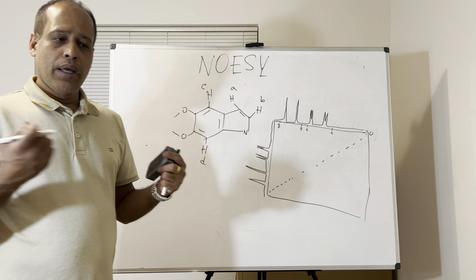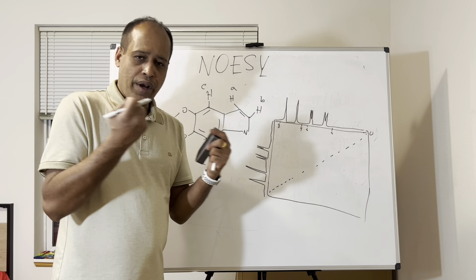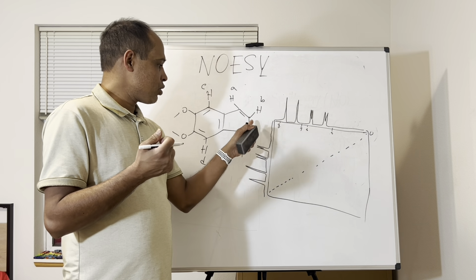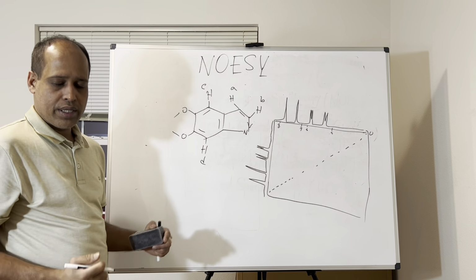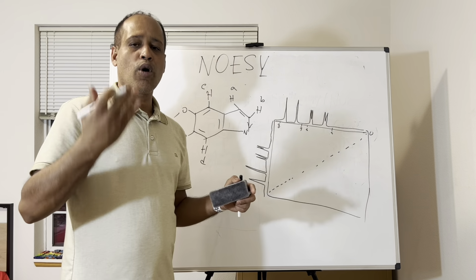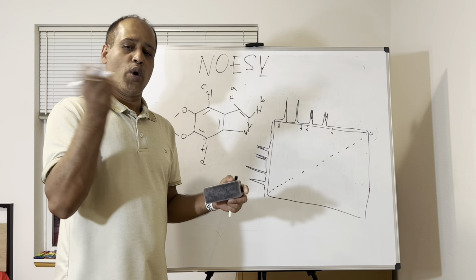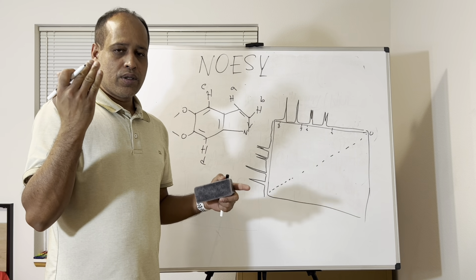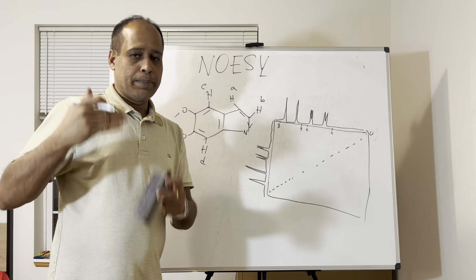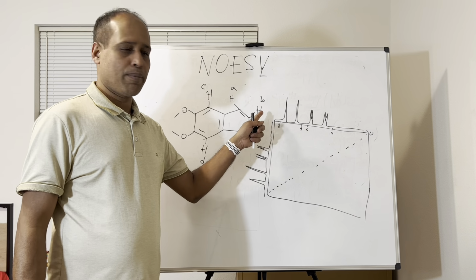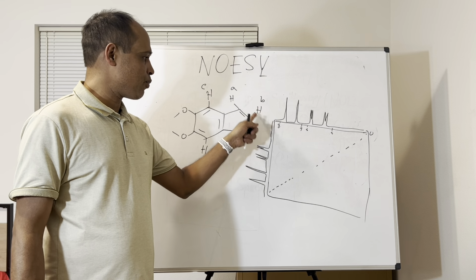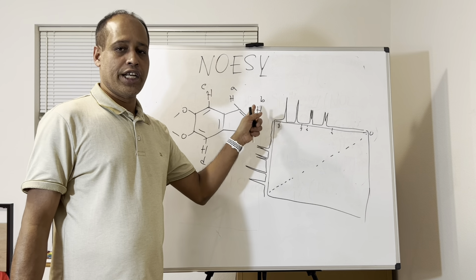Because if you have any electronegative atom near a proton, that electronegative atom always pulls the electrons from there to itself. In that case, that proton will be lighter, so it will do more spinning in the proton NMR. If you know the proton NMR Larmor frequency or basic information, you will know that if electron density decreases from the proton, it will be more deshielded.